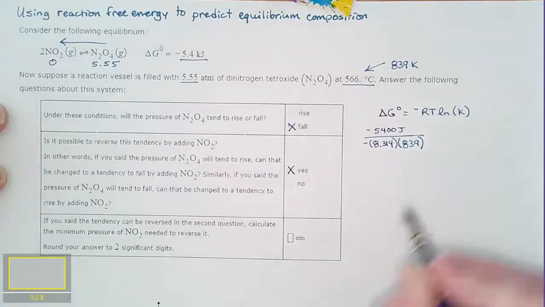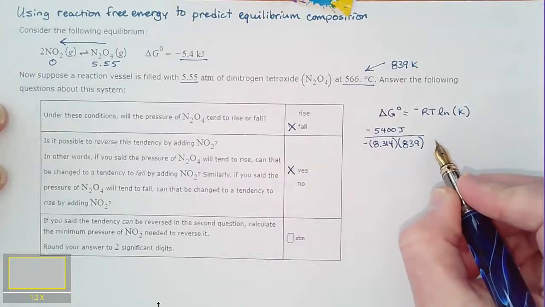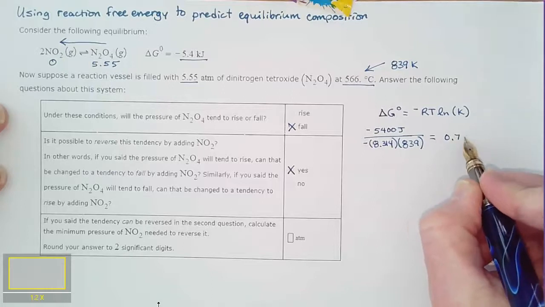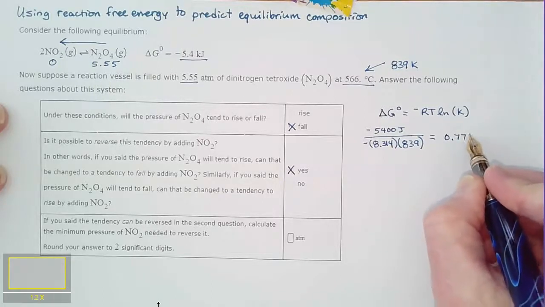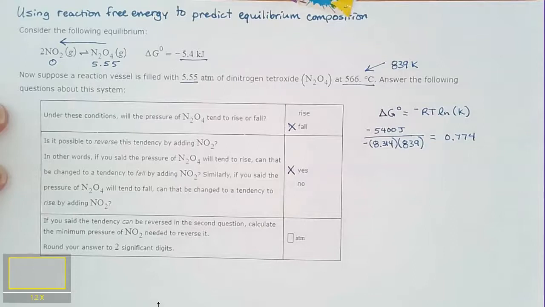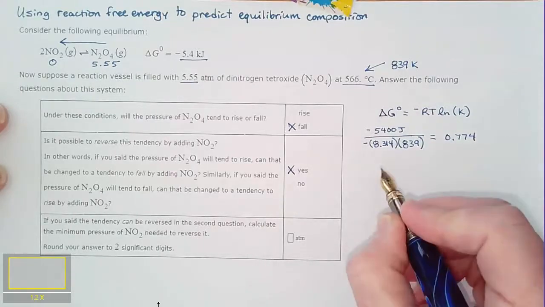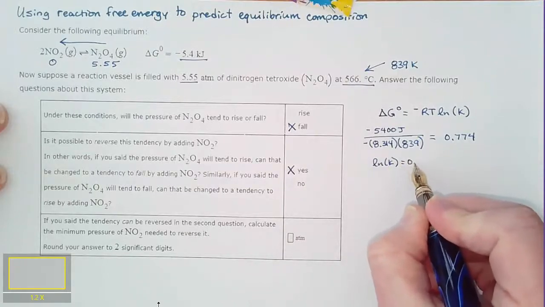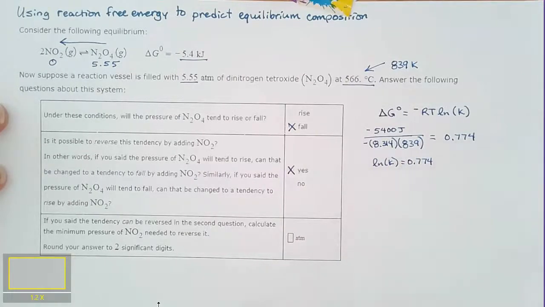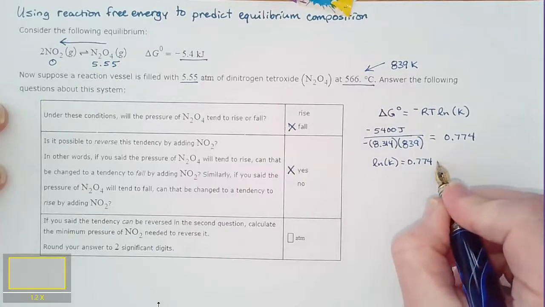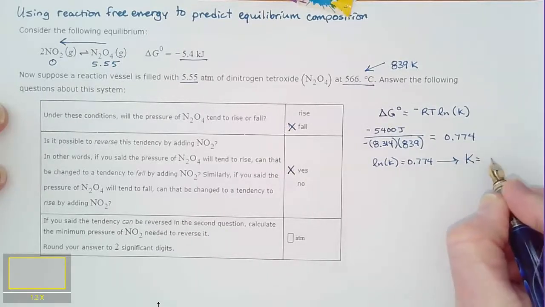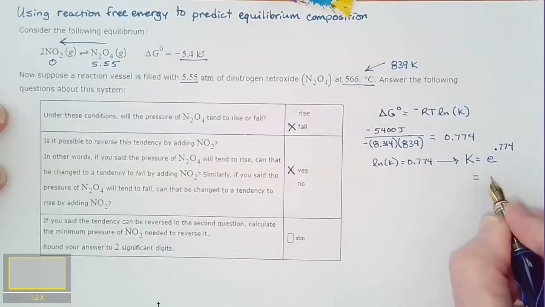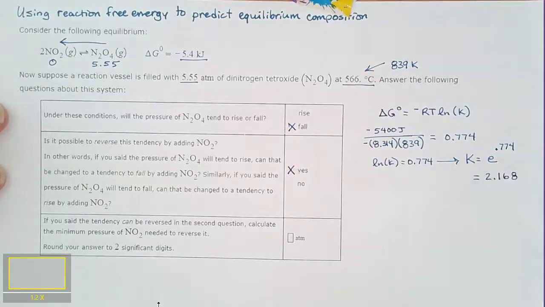So we end up getting a value for delta G divided by RT of 0.774. So now we have natural log of K is equal to 0.774. And if we solve that, then K is equal to e raised to the 0.774 power, which is 2.168. All right, so that's an important result.